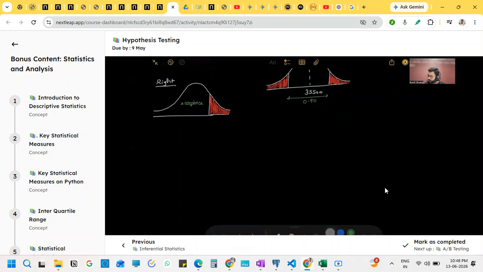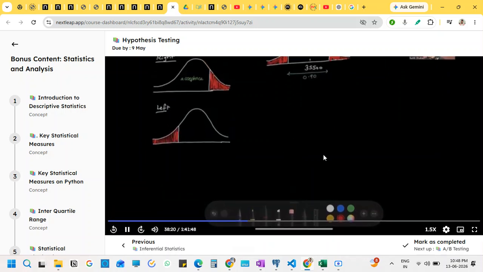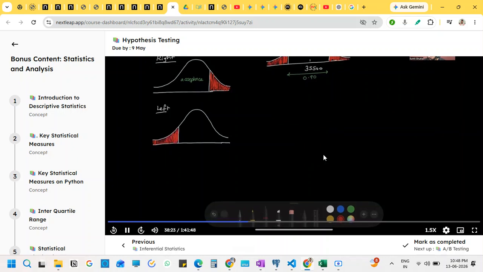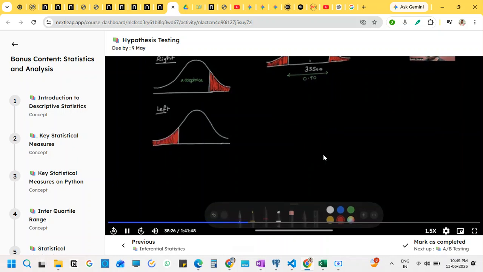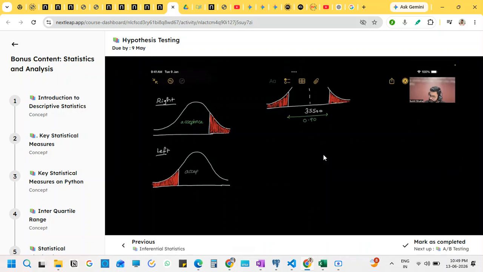Then in the case of left tail, this is the rejection region, and this is acceptance.